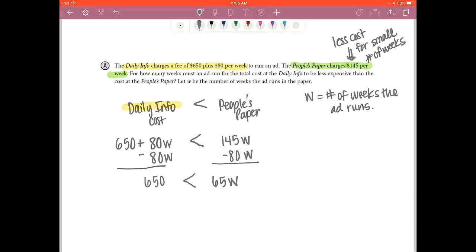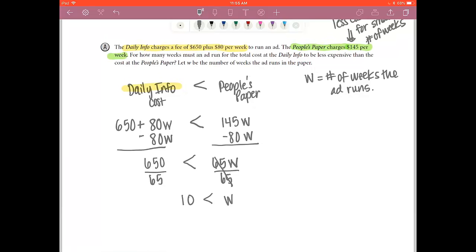And if the Daily Info is where I want to put my ad, I don't want to spend more money. How many weeks will I get for that? Well, we're going to divide both sides by 65. So I have W on the right, and on the left, I have 10. So 10 is less than W means that W is greater than 10.